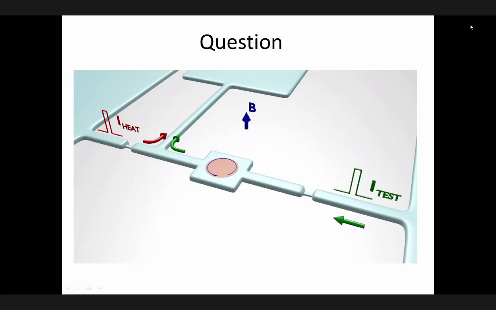Again, the principle of this switching thermometer: we create quasi-particles here, they diffuse here, and then we switch on the field, and we want to see whether a single vortex is able to exert some influence on the flux of diffusing quasi-particles. So we want to see this single vortex by the effect it exerts on this flux.